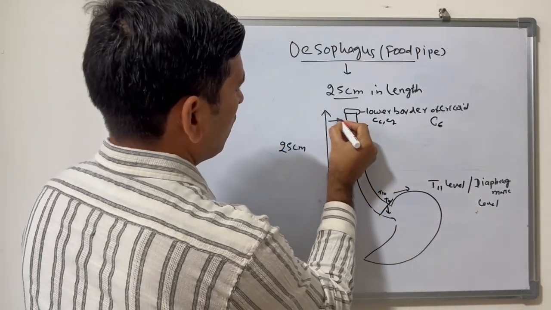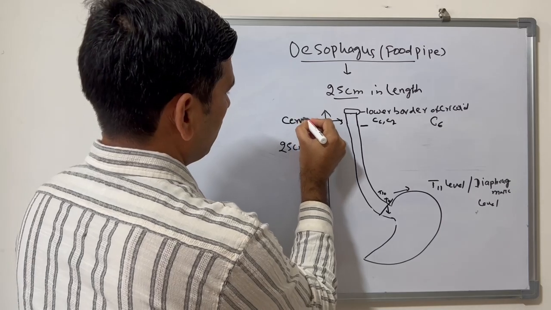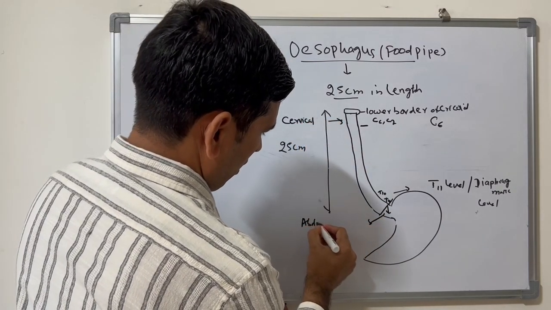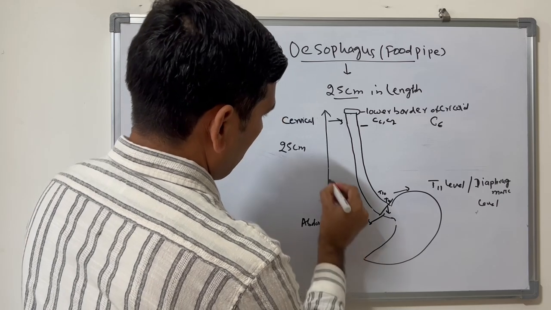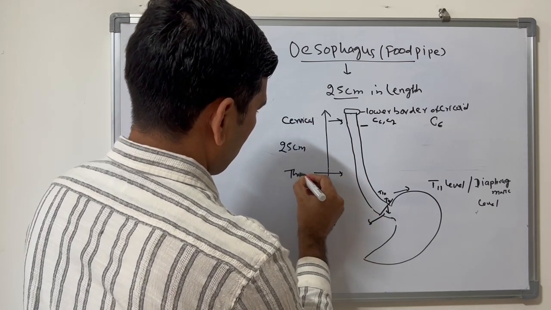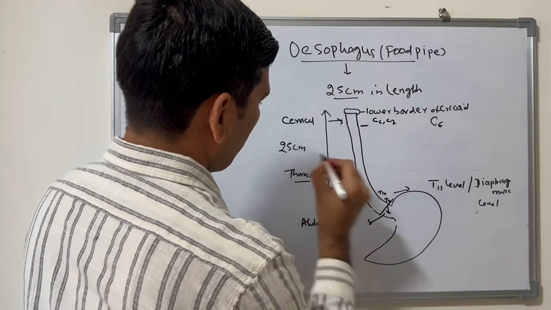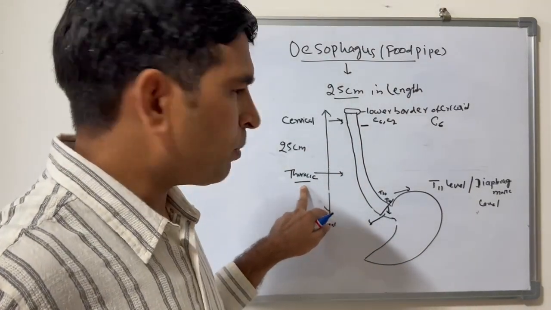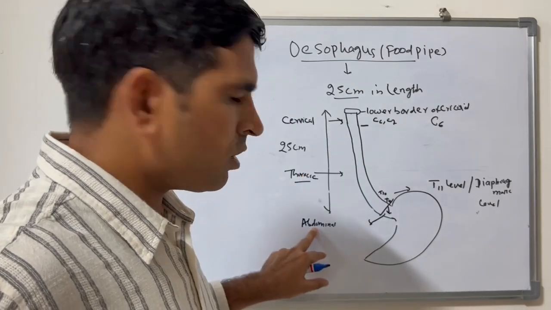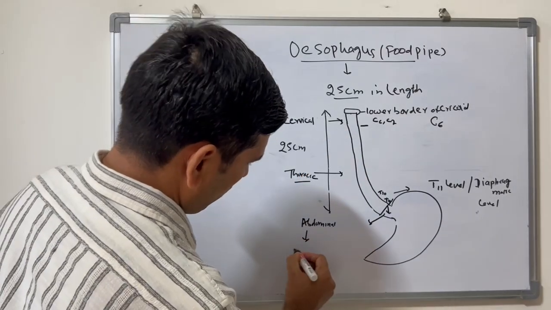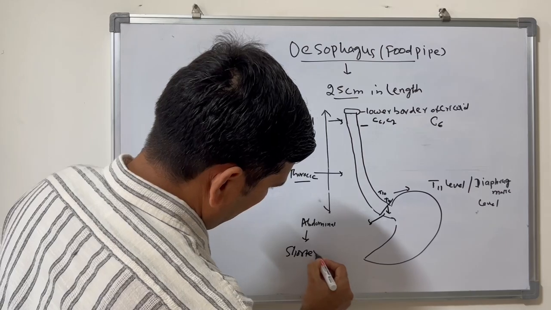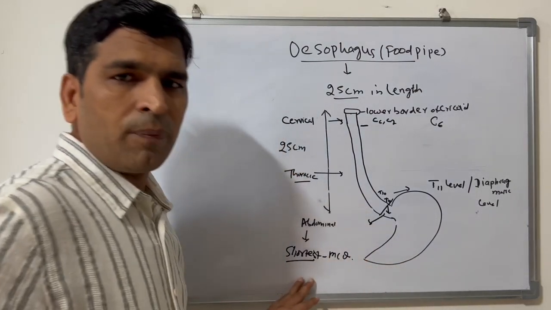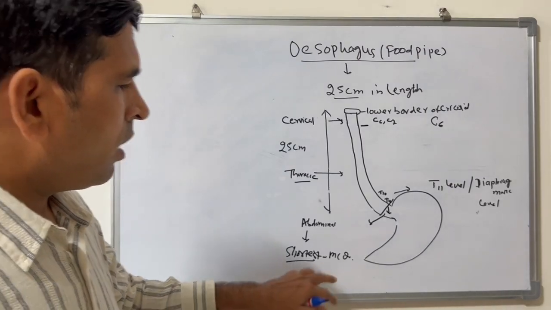So the longest is the thoracic part of the esophagus, and the shortest is the abdominal. So this is an MCQ: the shortest part is the abdominal part of the esophagus.